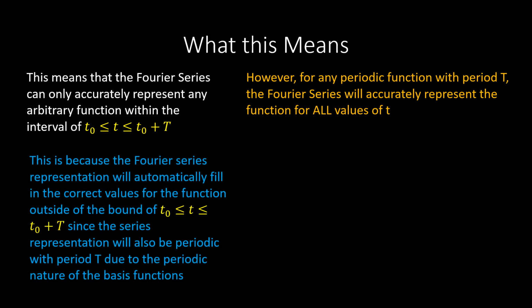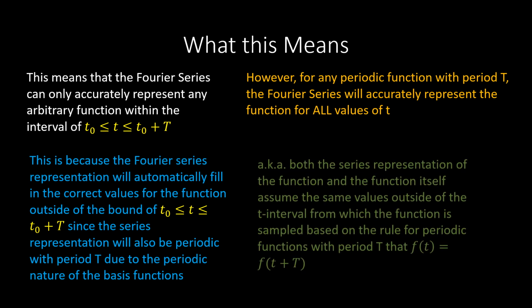The reason for this is that the Fourier series representation will automatically fill in the correct values for the function outside of the bounds of t0 to t0 plus capital T, if it is a periodic function with period T, since the series representation will also be periodic with period T due to the periodic nature of the basis functions and the fact that in the linear combination of these basis functions, the periodic nature is preserved.